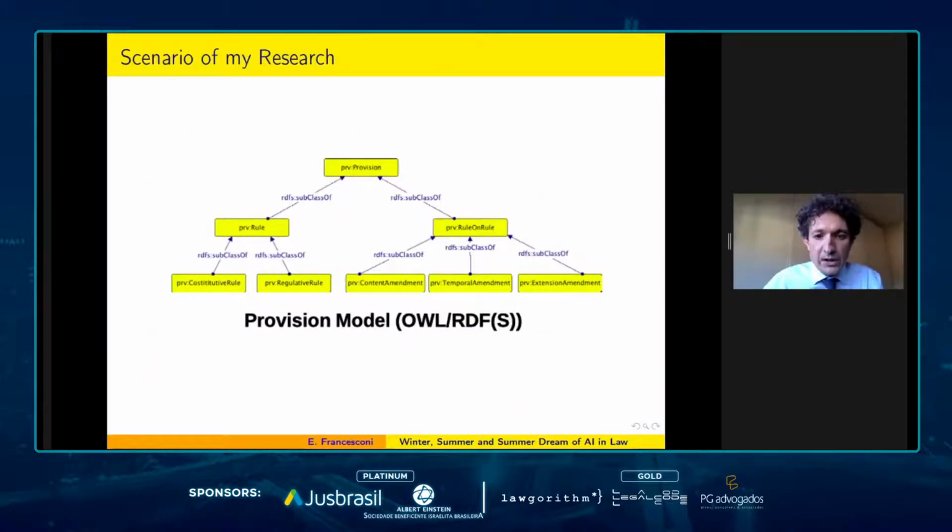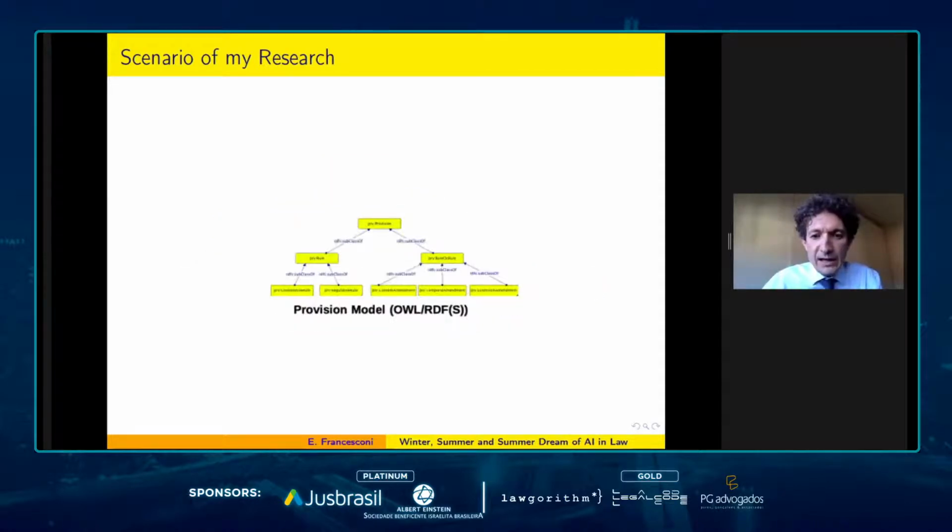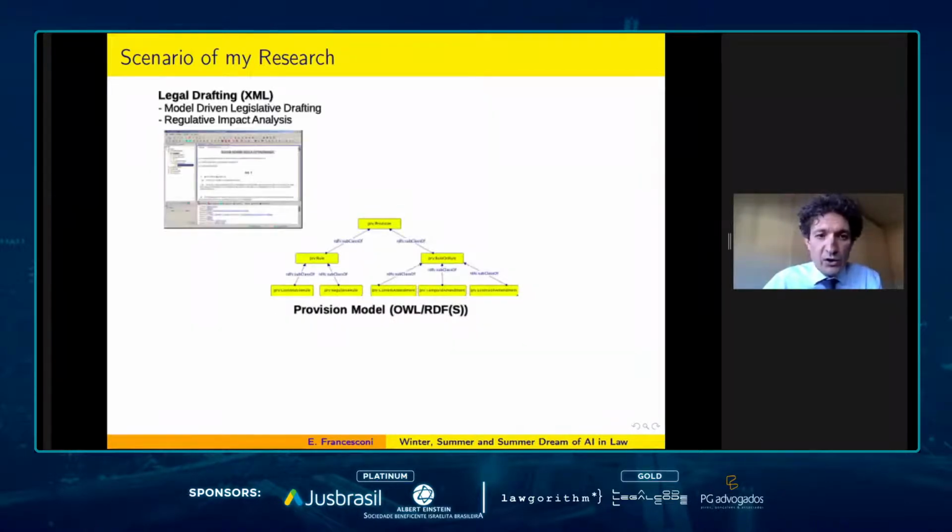So in my research, I developed a model which is called the provision model using semantic web standards. And this model has been used for legal drafting activities in terms of model-driven legislative drafting and regulative impact analysis.